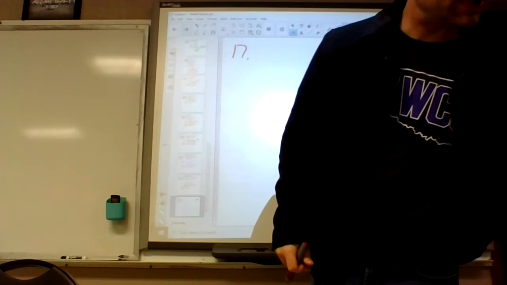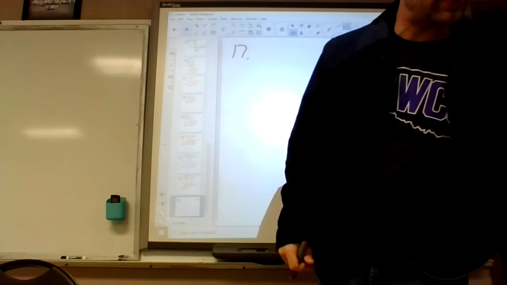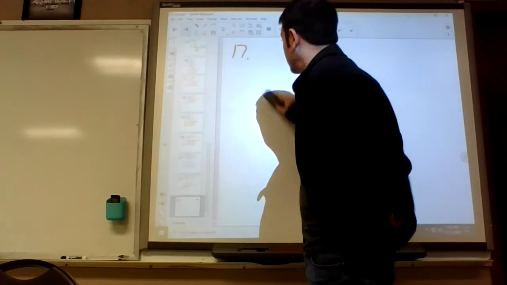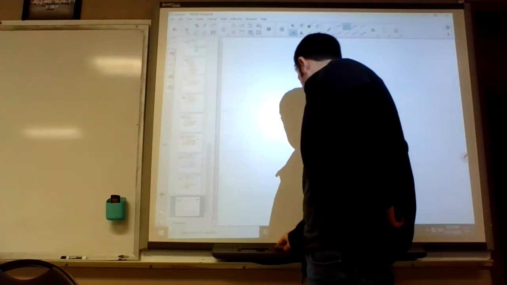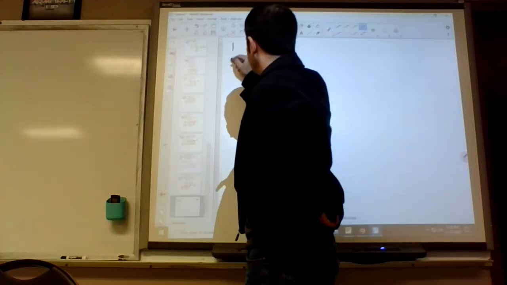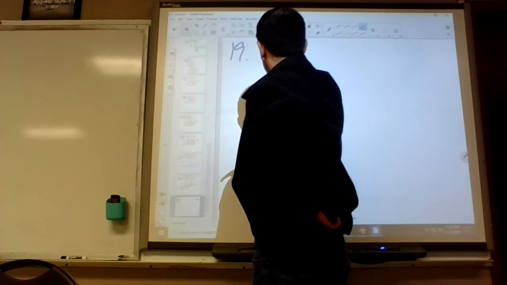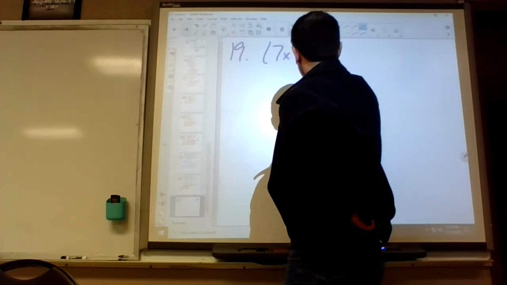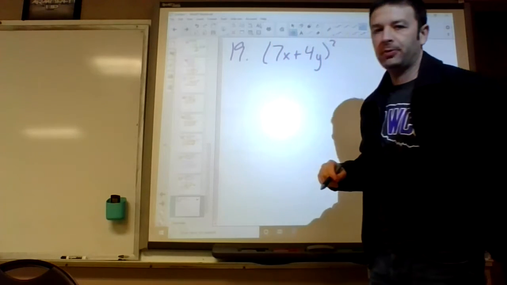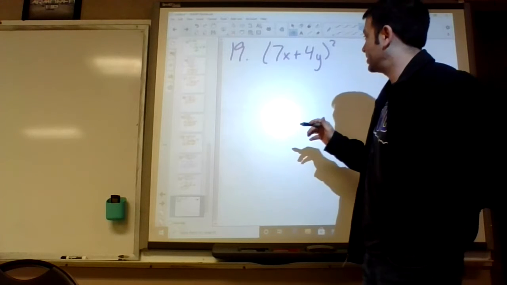Alright, there is no 17 actually, it jumps to 19. 7x plus 4y squared. So you might remember this from before, you just take the whole thing times itself.